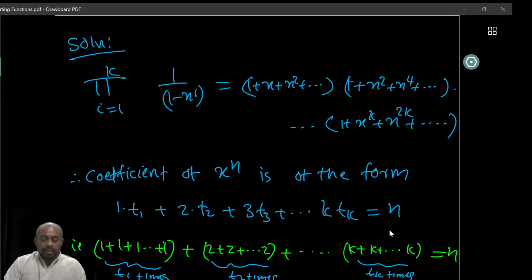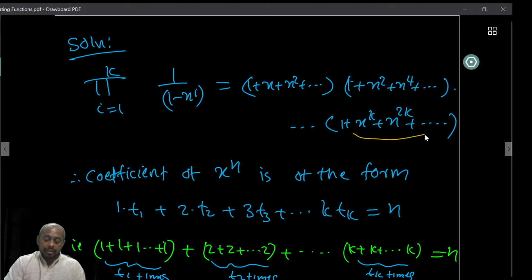Now suppose I take any partition of n where the largest part is k. It corresponds to one term here, because you take the decomposition, see how many times each of them appears, and you can pick that many from the corresponding bracket, right? If something is not picked, I will pick 1.